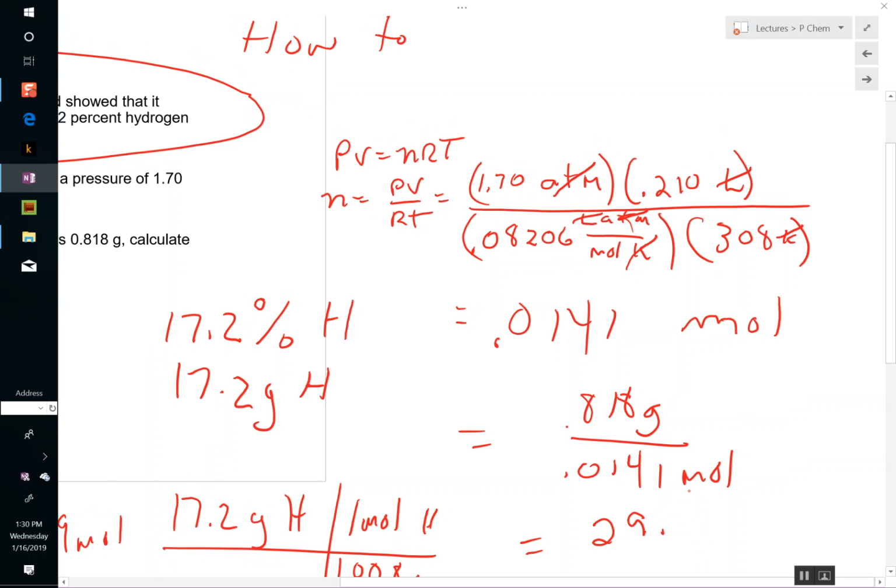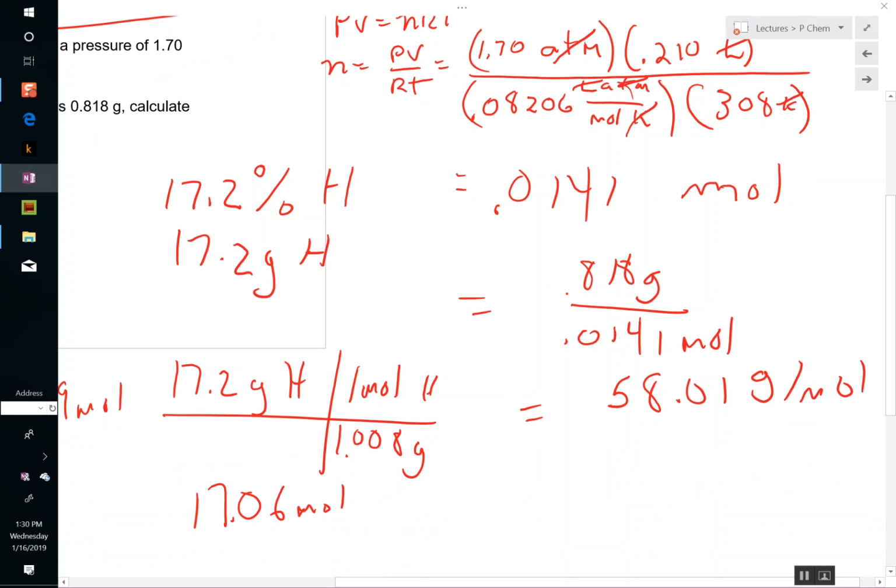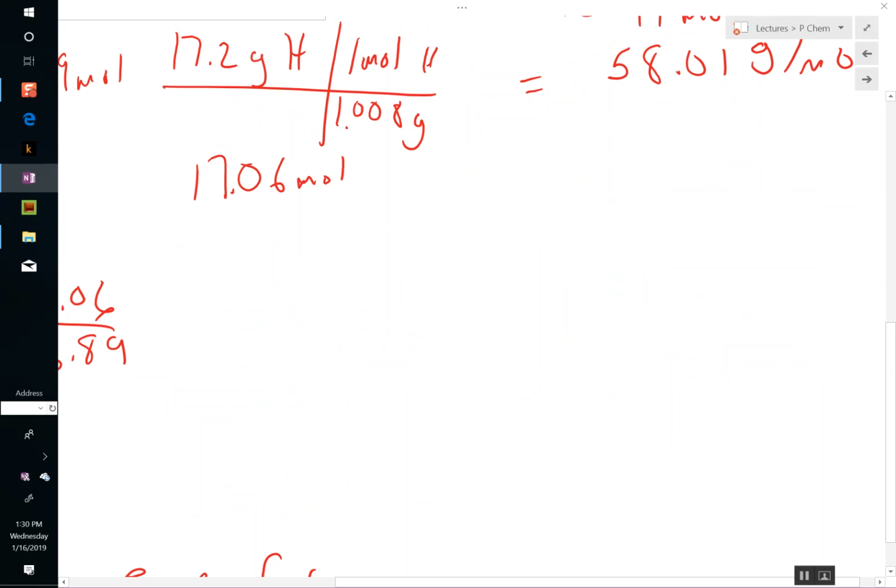Oh, no, I'm sorry. 58.01 grams per mole. Now the empirical formula, C2H5, what is the mass of that empirical formula? 29. And so the molecule is twice as heavy as that empirical formula. So we end up with a molecular formula of C4H10. All right?